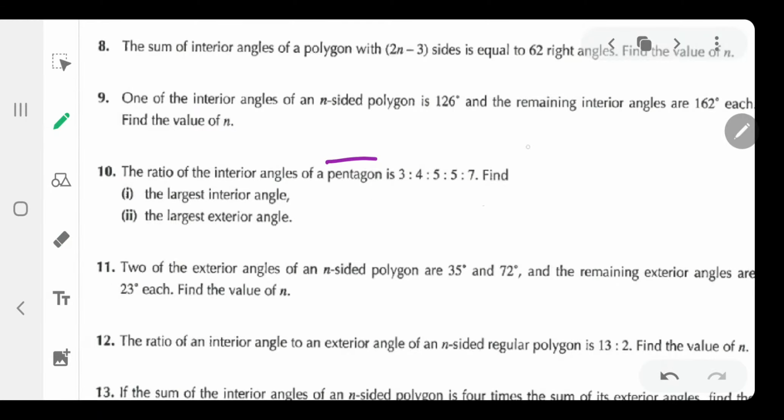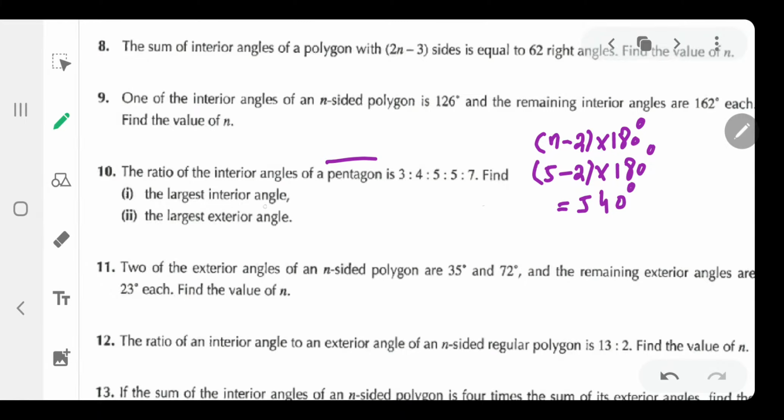We use the formula again, because a pentagon has 5 sides. The formula is n minus 2 multiplied by 180 degrees, which gives us 5 minus 2 multiplied by 180 degrees, which is 540. This is the sum of all interior angles of this pentagon.